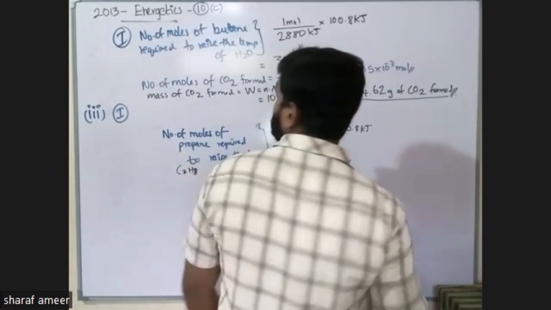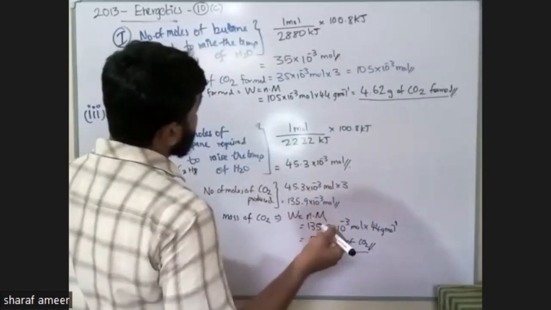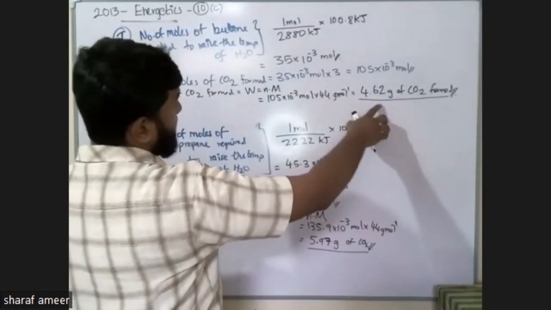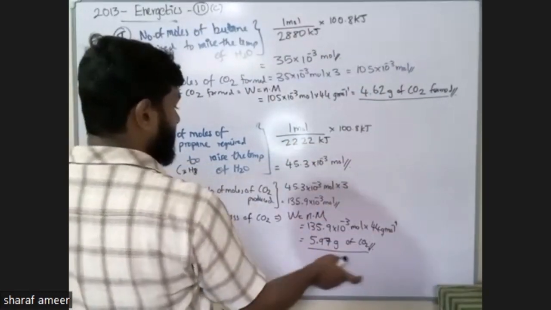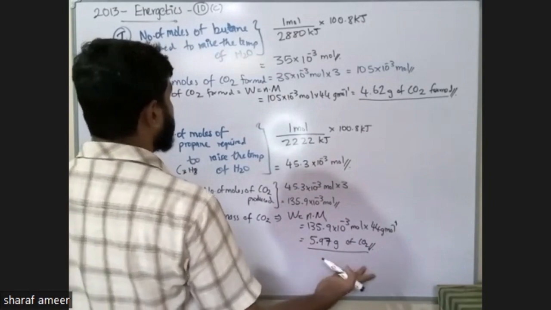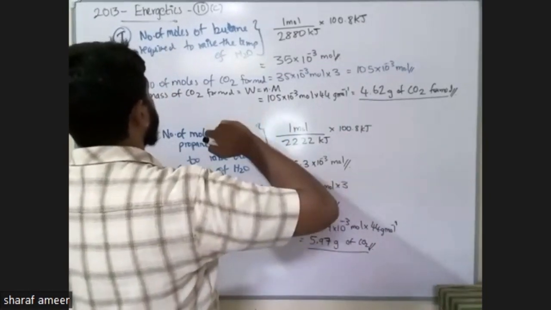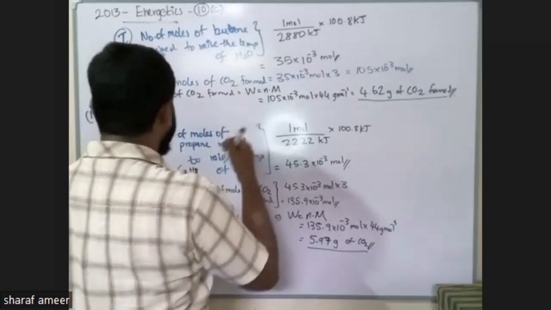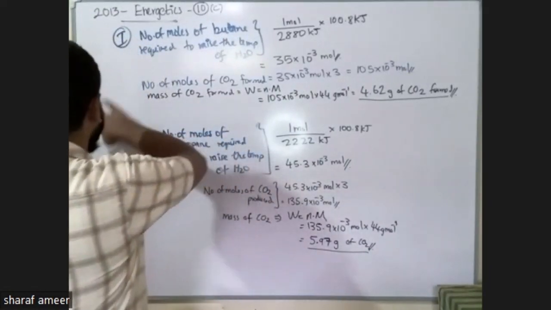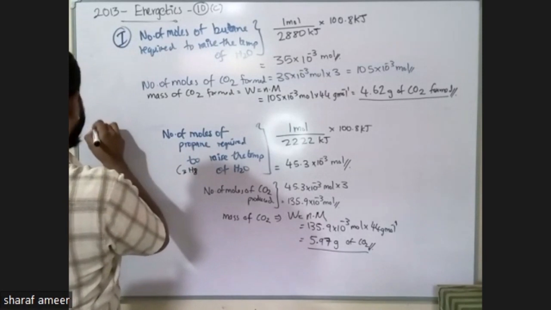So the reason behind this is that the amount of carbon dioxide formed by butane is less than that of propane during the combustion. So butane is environmentally friendly. Understood?